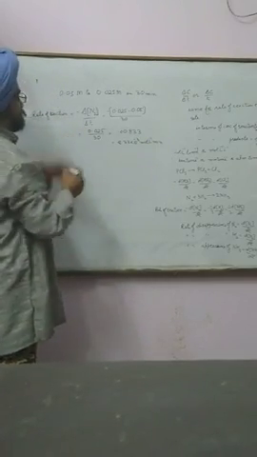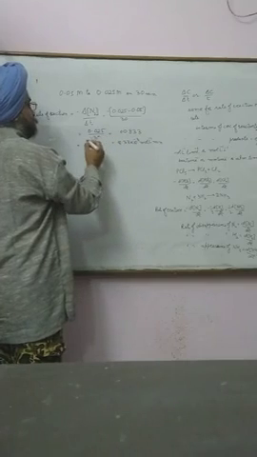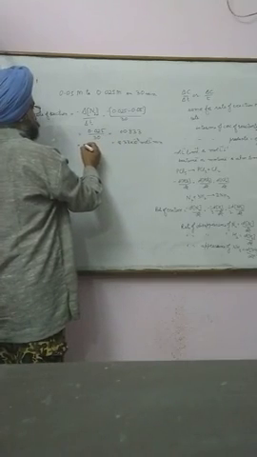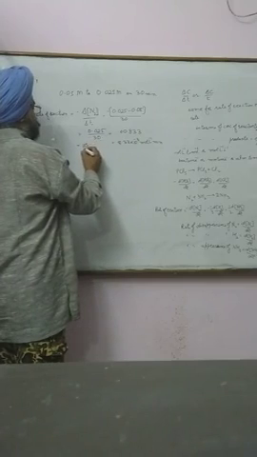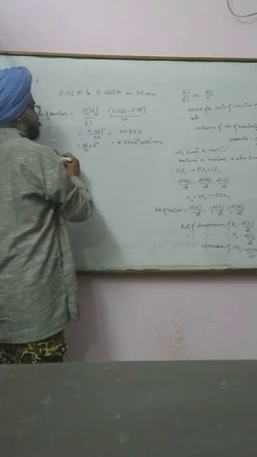Or you can simplify it in this manner: 25 by 30 into 10 to the minus 3.